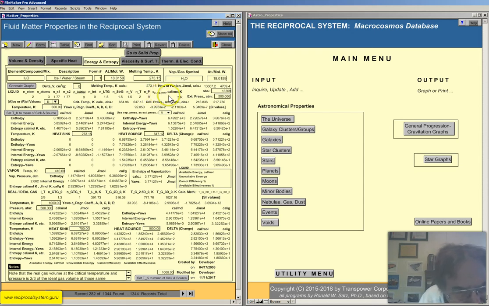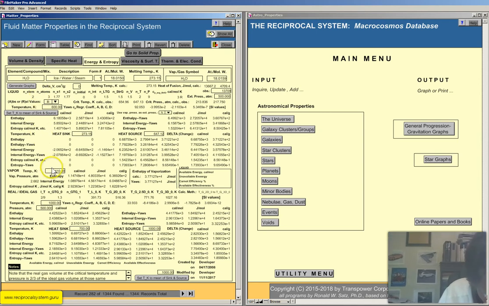And this is the CP average, in cal per mole K, 3R. And here we have the external pressure. This is an important input. Once you have all this in, you're basically just going to put in the external pressure once, and then you have the temperature here that you want to deal with for the liquid, or the temperature here for the vapor, or the temperature here for the real or ideal gas.